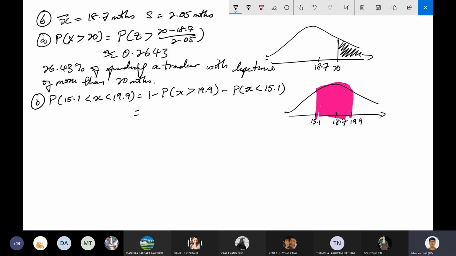Okay, so you end up with 1 minus, so more than 19.9 is 19.9 minus 18.7 over 2.05. Okay, and here is 15. Oops.